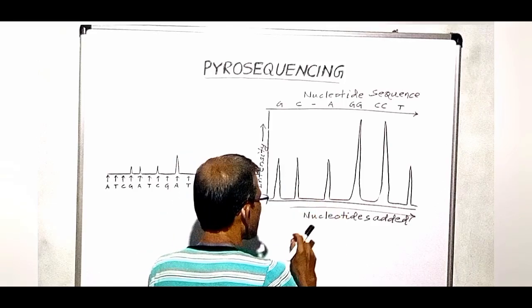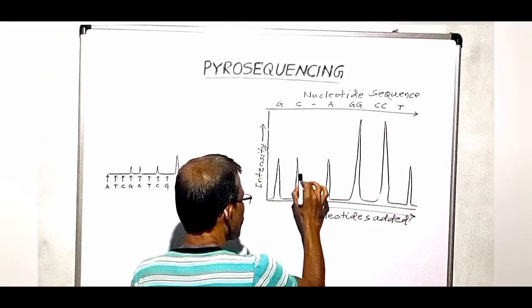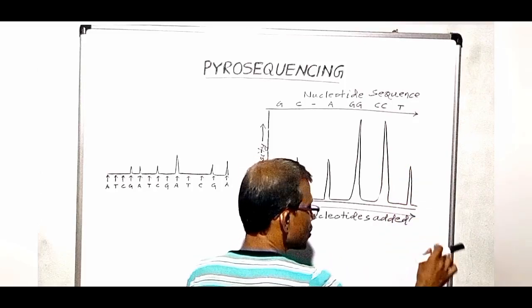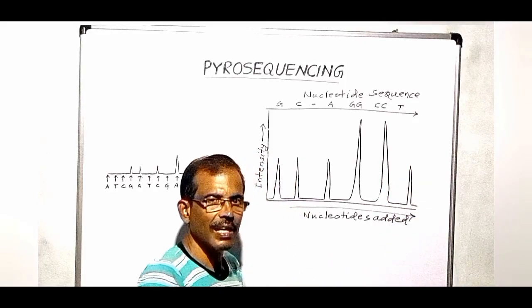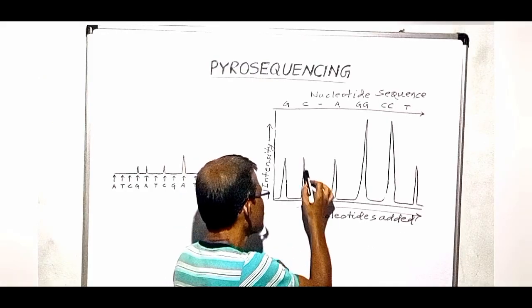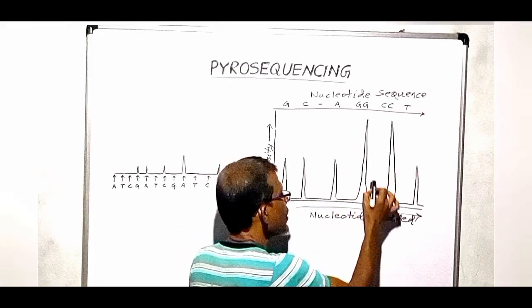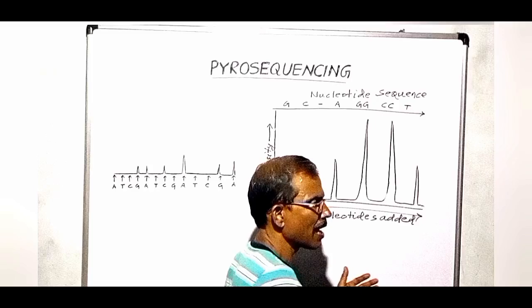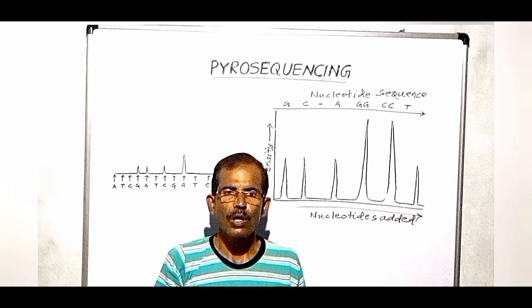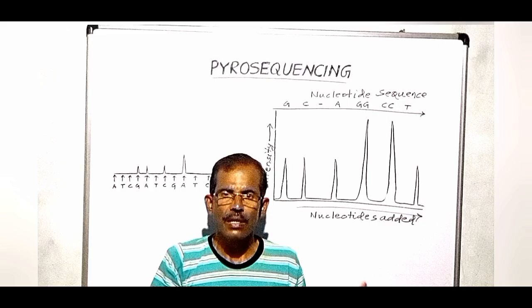In a pyrogram, the sequence of these peaks of light corresponds to the sequence of nucleotides that are added. In a pyrogram, the height of the light peaks is equal to the number of nucleotides that are incorporated during the synthesis of the complementary DNA strand.